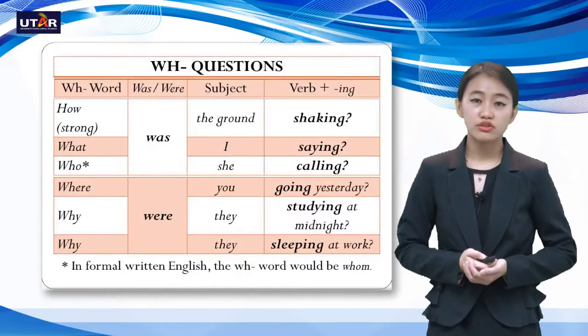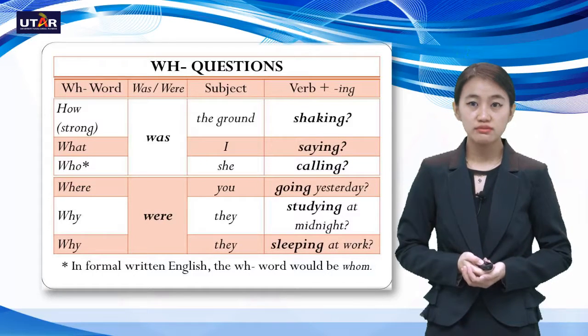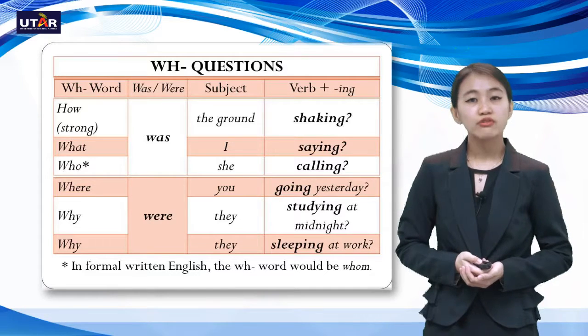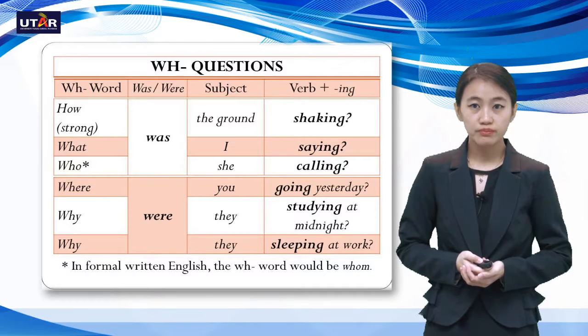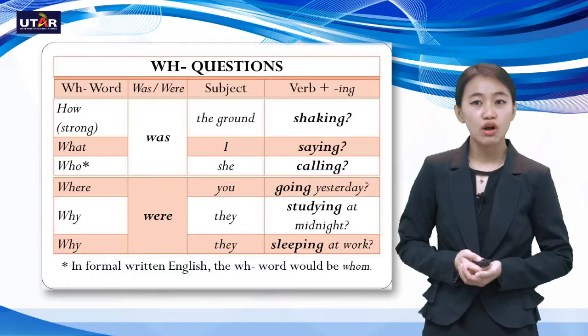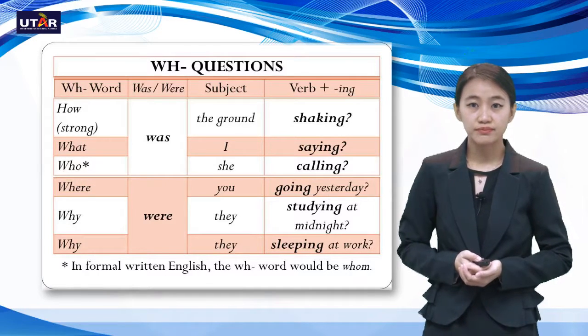Now, when you want to construct a WH question, you will start with a WH word, followed by the auxiliary verb, was or were, then your subject, followed by your main verb. So for example here, how strong was the ground shaking?